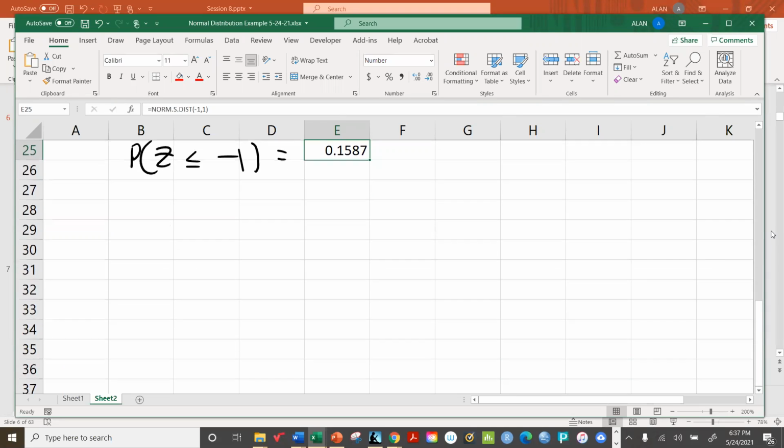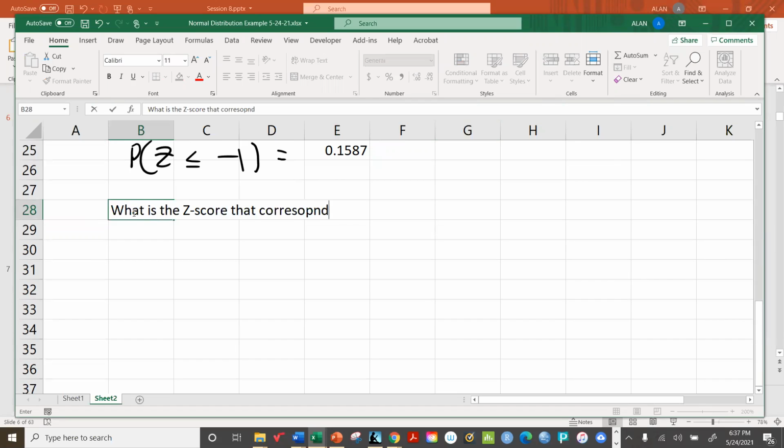So what if I'm looking, for example, for the following situation? What is the z-score that corresponds to the lower 10% of the standard normal distribution?